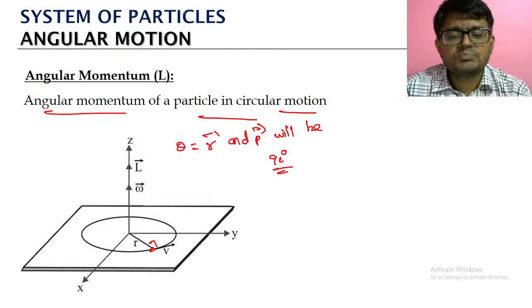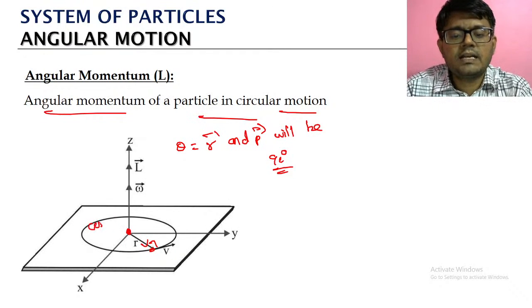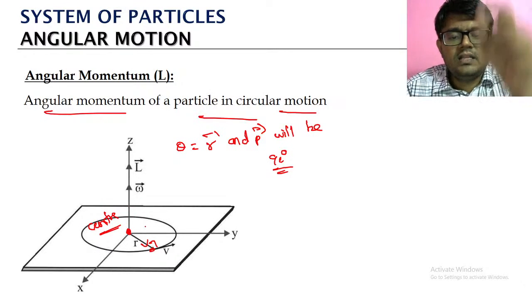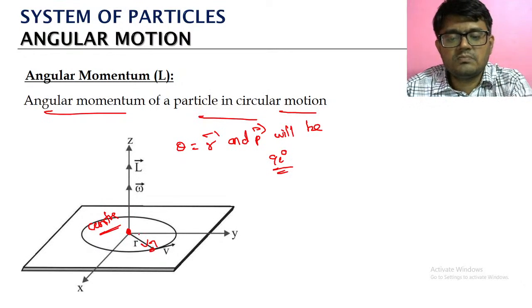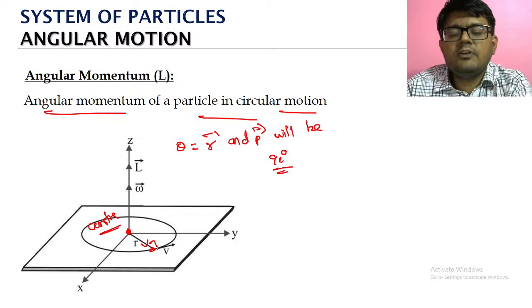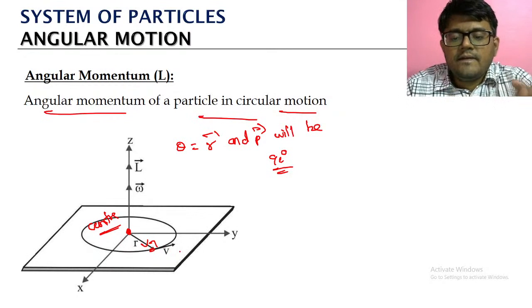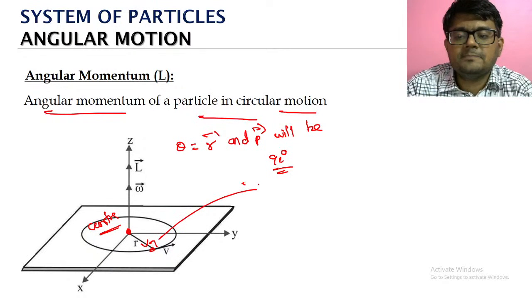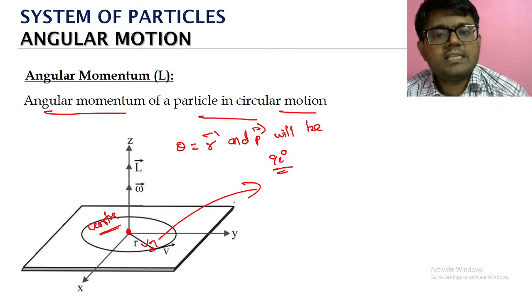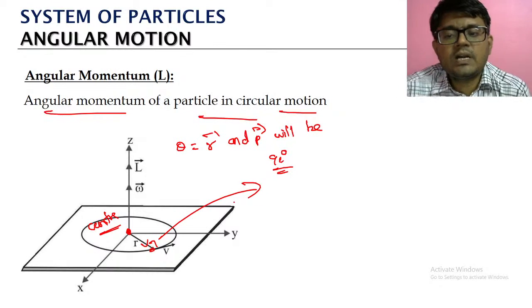Will be 90. ஏன்னா R bar will be what? So here we are choosing the reference line or reference axis ன்னு சொல்லலாம், that is going through the center of the circle. இது பாருங்க, R bar will be the radial direction வரும், V bar எப்படி? Always tangential தானா? So angle between them is what? 90. அந்த ரெண்டு ரெண்டுல what is the angle between them? 90.